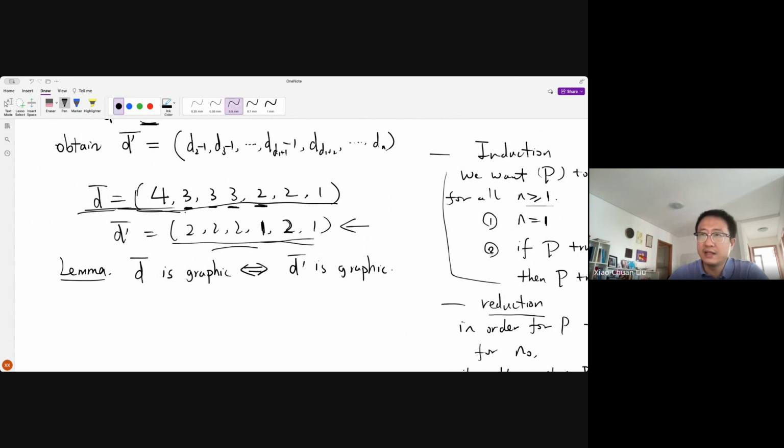You want to understand this sequence. You want to see if this is graphic, and then clearly we get some shorter and smaller sequence, and it's enough to check this one is graphic. If we still don't know if the prime bar is graphic, we keep doing this.